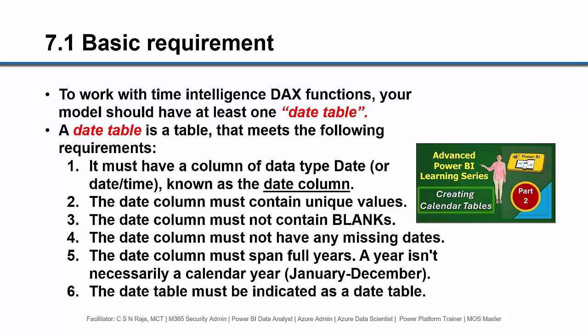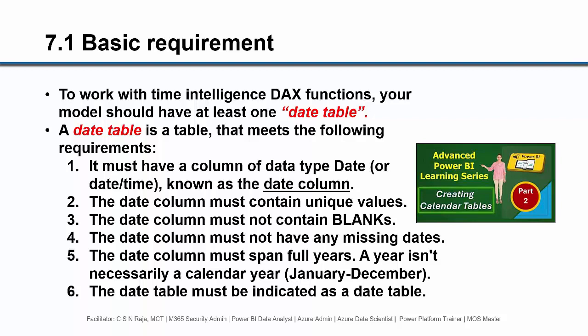The date column must not contain blanks. The date column must not have any missing dates. The date column must span full years. A year isn't necessarily a calendar year. It could be a financial year also. The date table must be indicated as a date table. If you want to learn everything about creating date tables, please watch my video part 2, in which it has been discussed in detail.